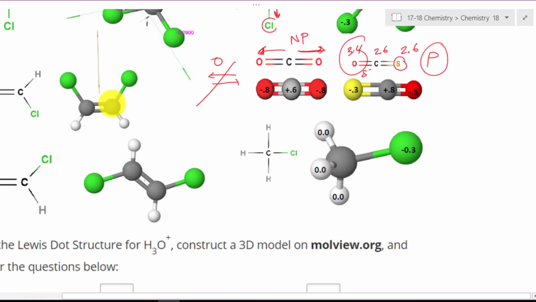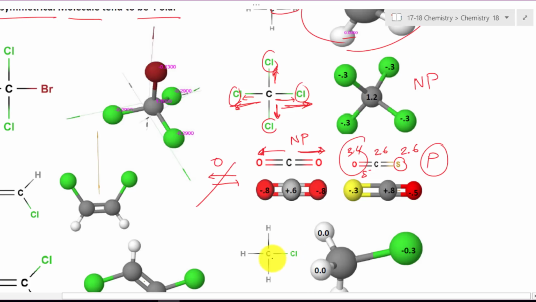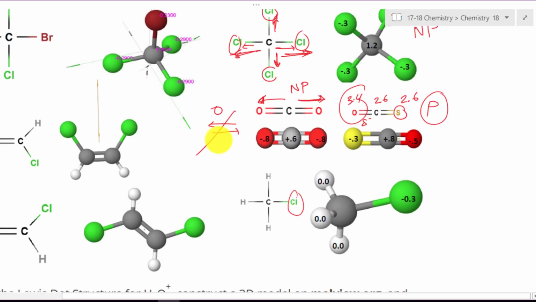Let's look at another example. Notice how this compound is very similar to that compound. The only difference is that the shape-wise is pretty much the same in terms of Lewis dot structure. Notice how we have 4 atoms around a central carbon. But if we generate a 3D structure, this chlorine is extremely negative, as we mentioned before, compared to carbon and hydrogen.